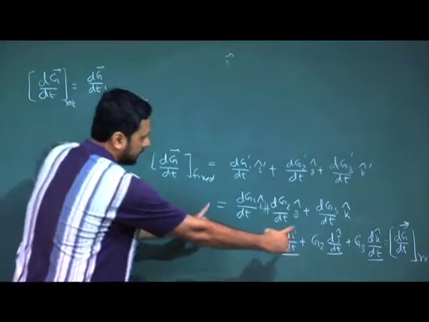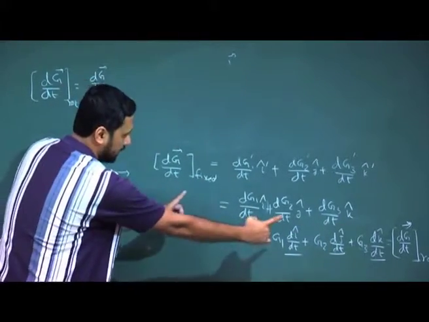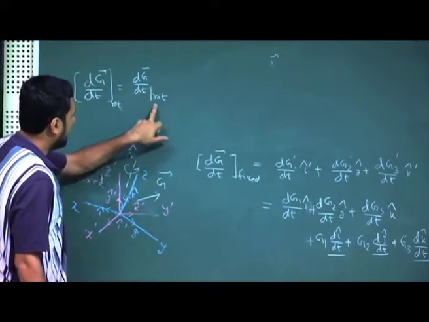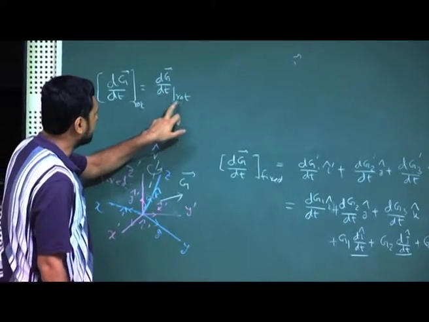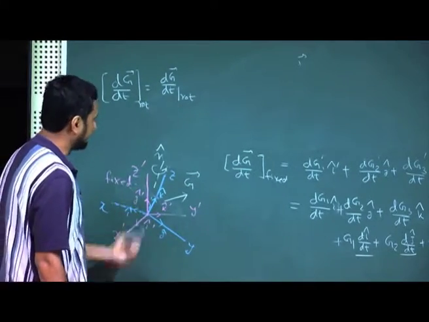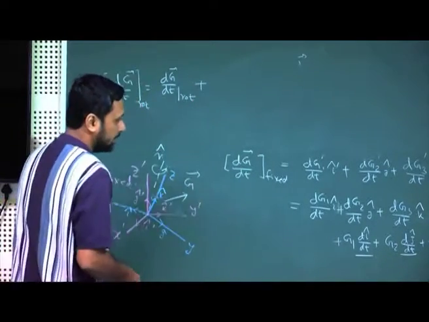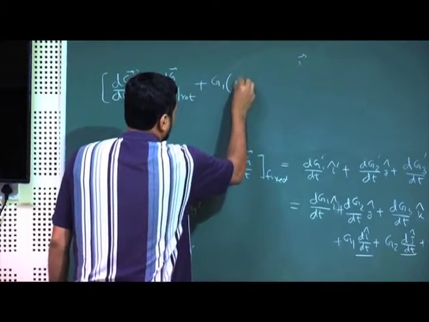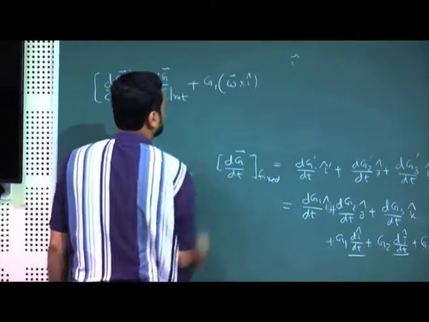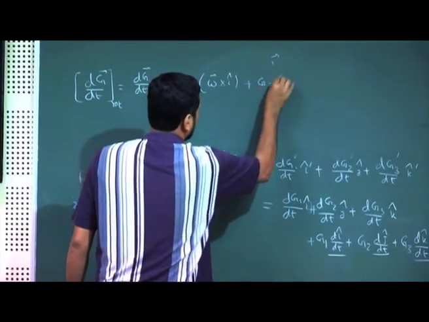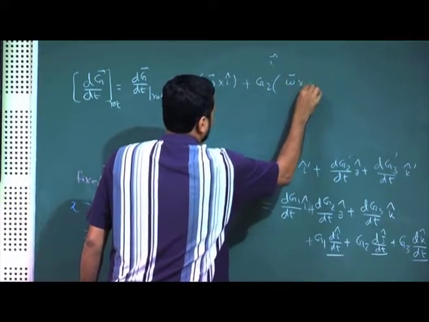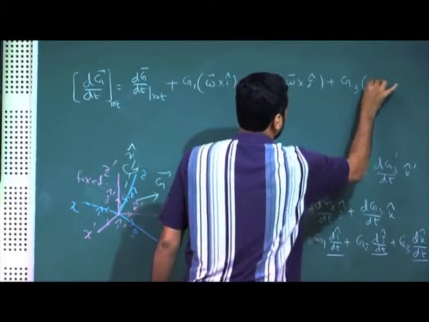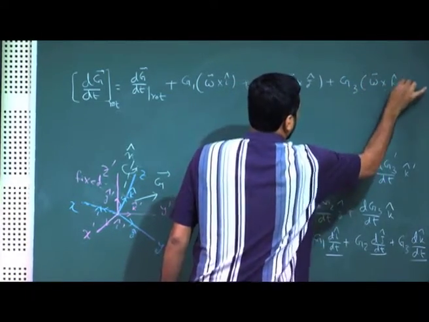So, you see this first term of dg/dt rot is dg/dt measured with respect to the instantaneous x y z axis, and the second term will be g1 into omega cross i cap plus g2 into omega cross j cap plus g3 into omega cross k cap.